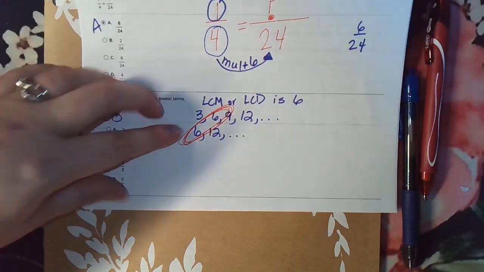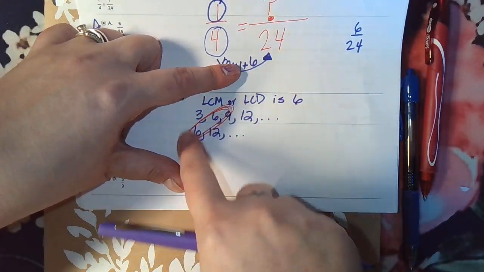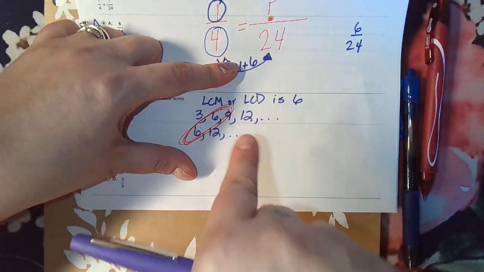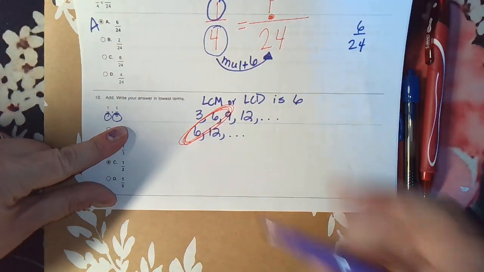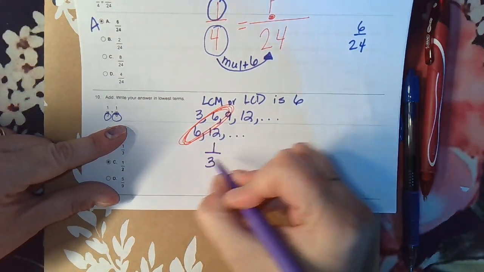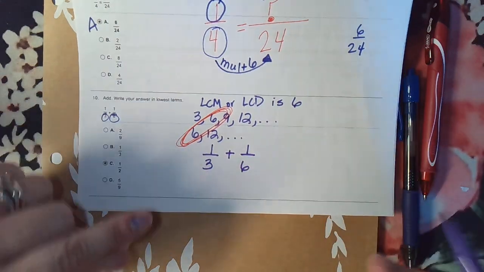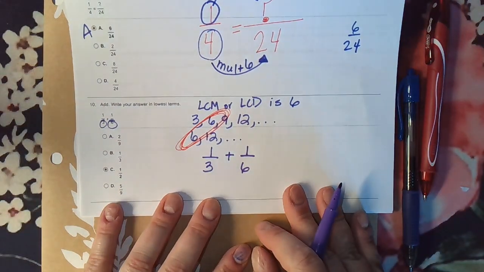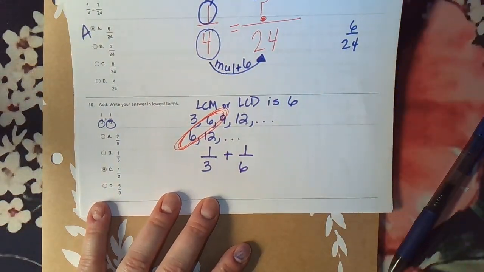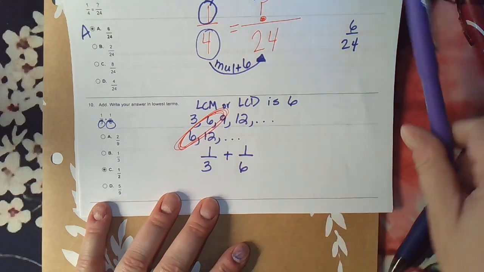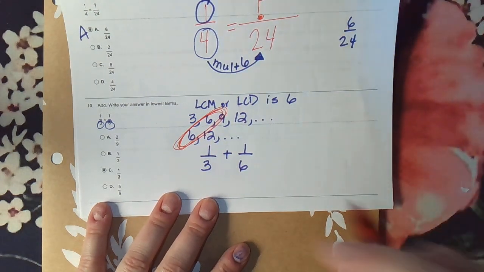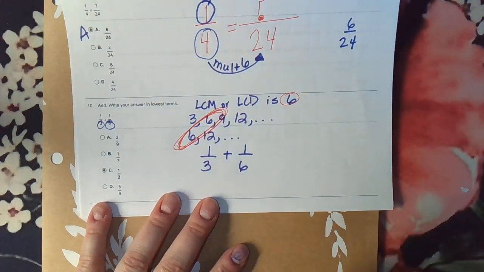Right now, just looking at these numbers, it's called the least common multiple. But once I start dealing with fractions, it turns into a least common denominator because it's from the denominator. So we need to get both of my bottoms, the denominators, to be a 6. The right-hand denominator is good to go.